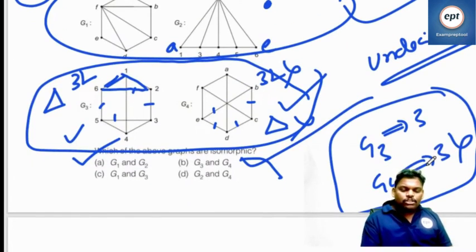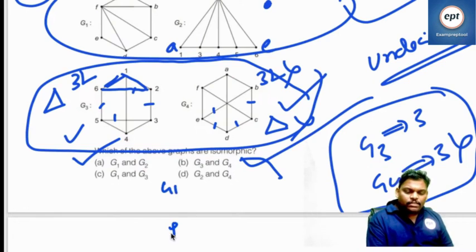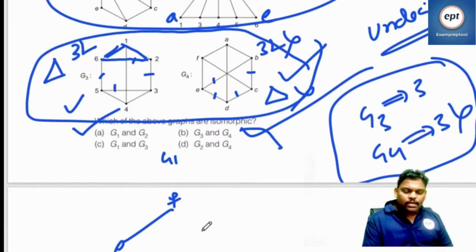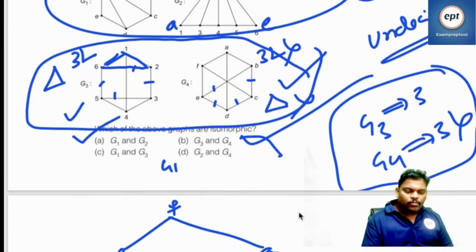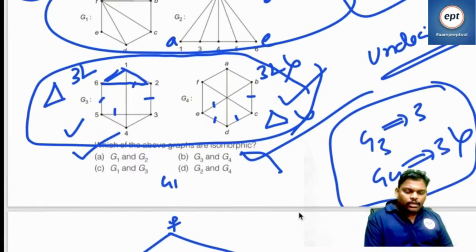If you take F as the source, this side is E, this side is E, this side is A, this side is A, and remaining in between is D, C, B.